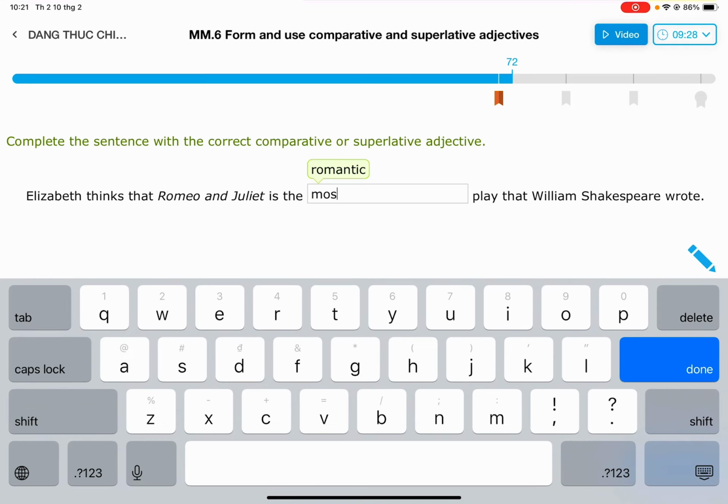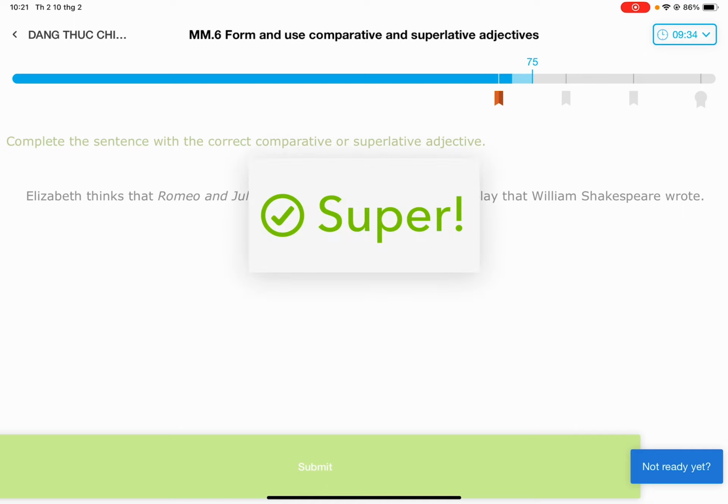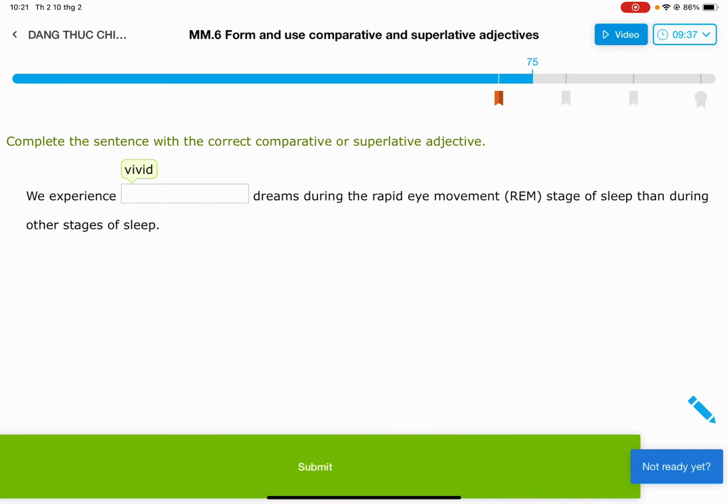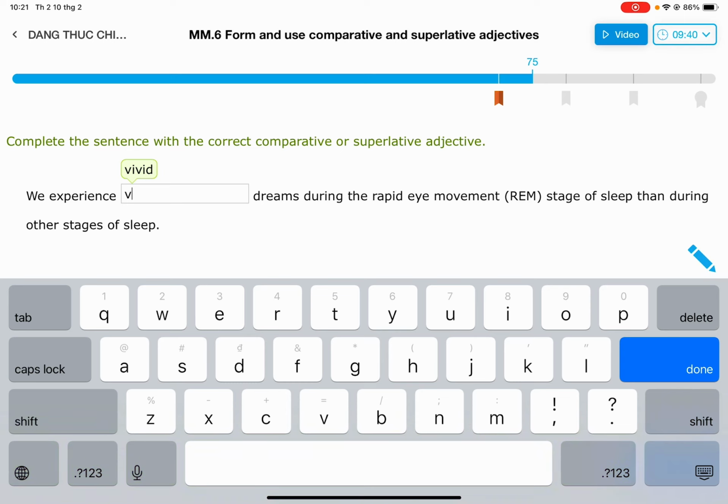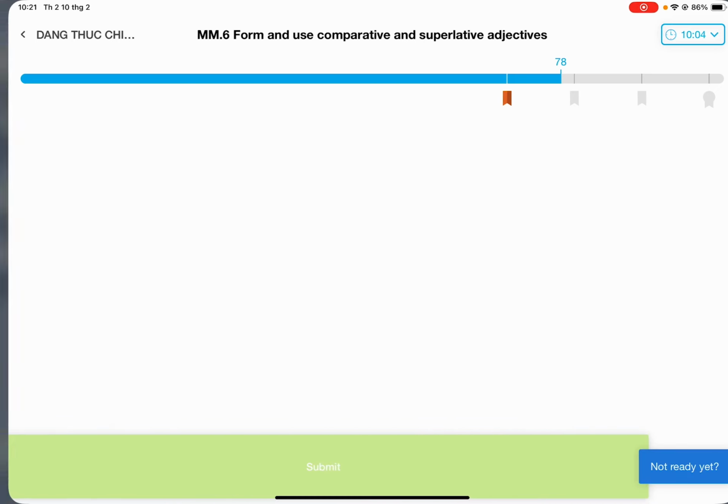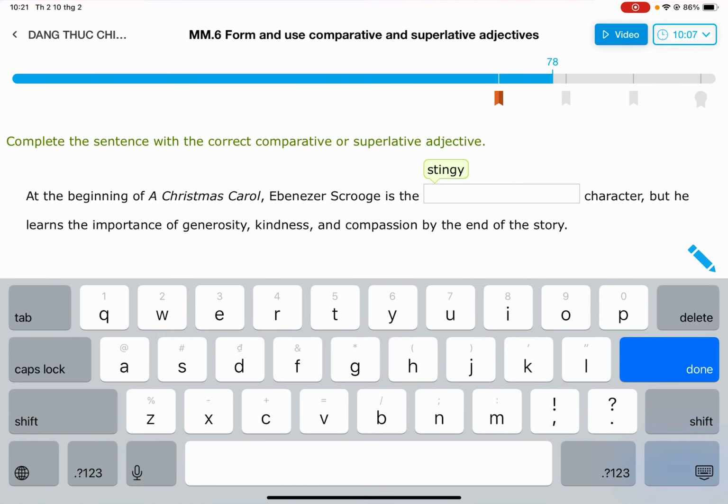The most romantic. We experience vivider dreams. More vivid dreams. Is the stingiest.